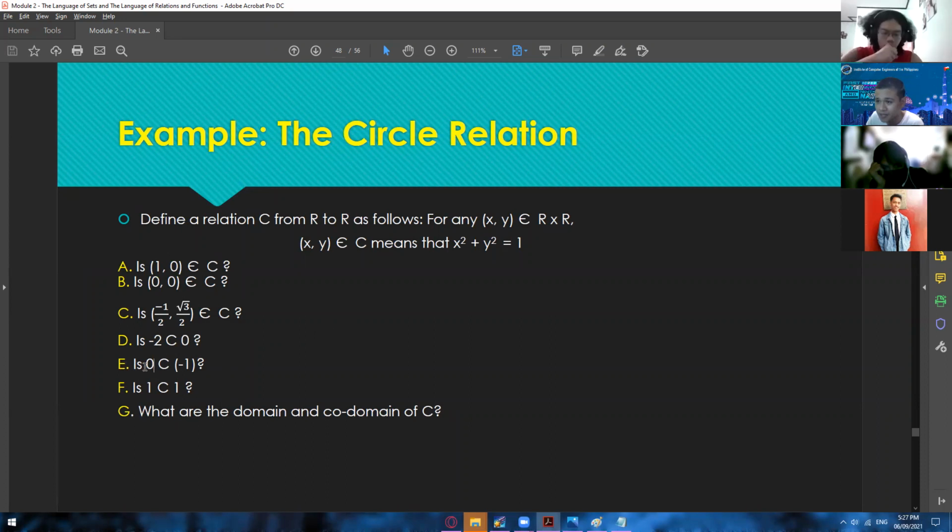How about letter E? What is the answer in E? The correct answer is yes. What about letter F?